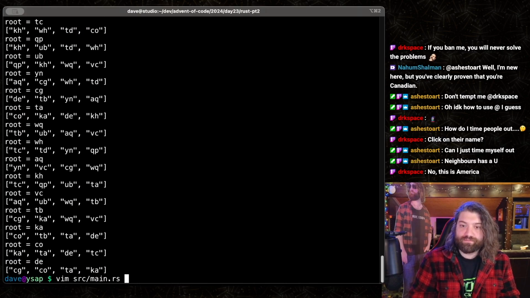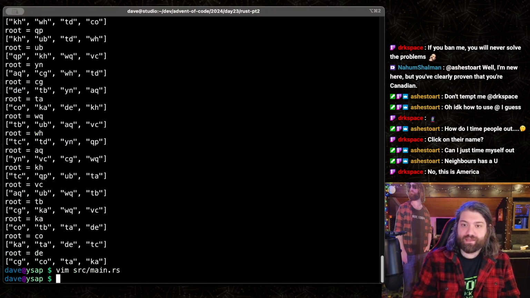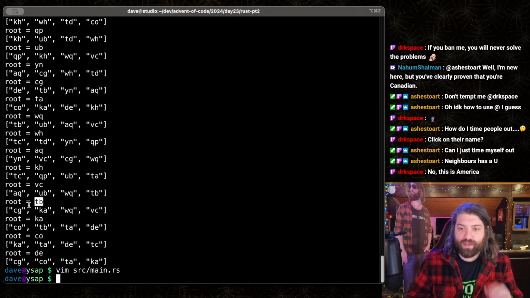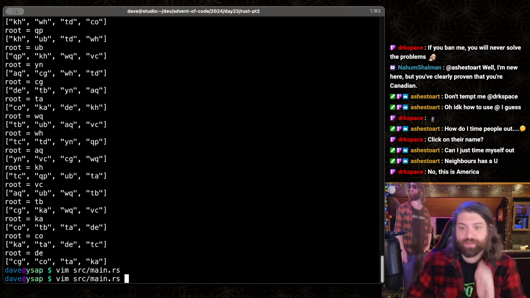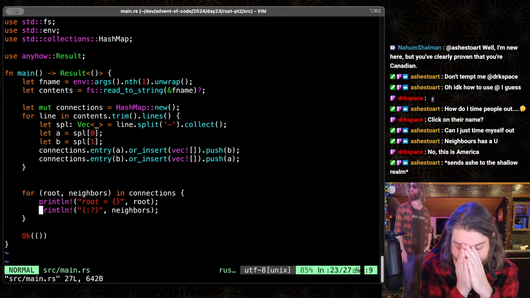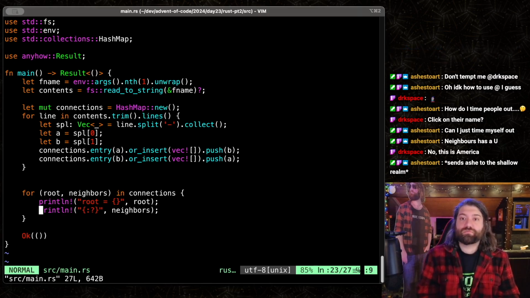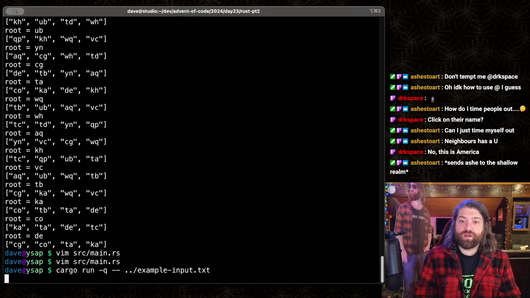Alright, what am I doing here? For each thing in here, I want to see how many of the neighbors share all of these things. So we'll make a hash set of... I don't even know how to brute force this, to be honest. Oh, and we are going to have duplicates, too.